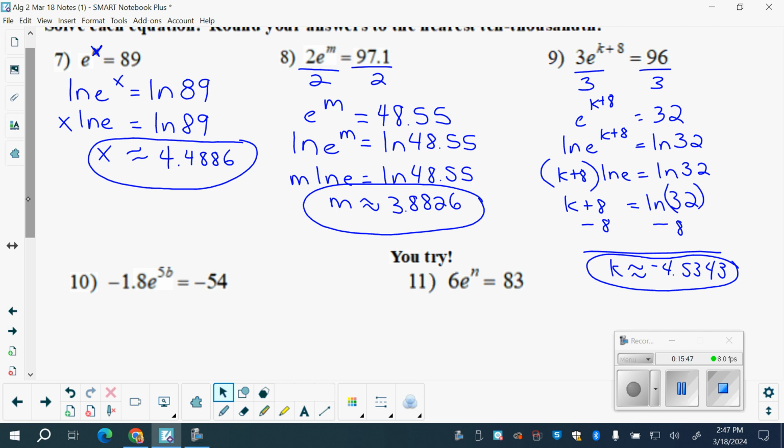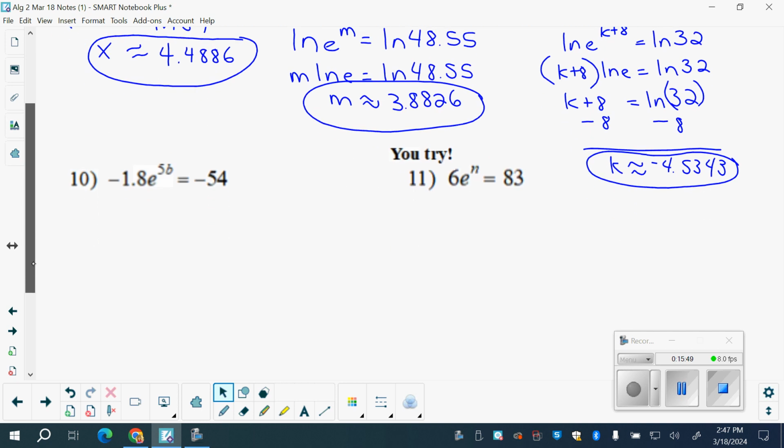Yes, good. We want to divide by that number in the front, divide by negative 1.8. We get e to the 5b is 30. And then, do you know what to do next? Yes, which log?